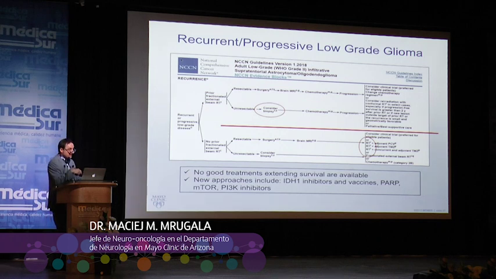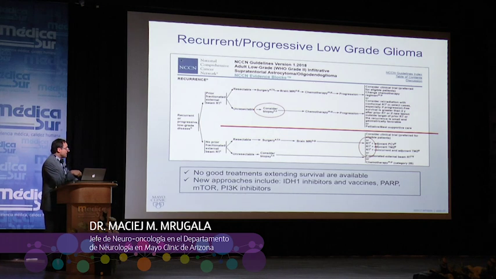Is it now grade 3? Is it now grade 4? It can also sometimes be deduced from imaging, but surgical resection or biopsy is frequently recommended. And then depending on what you find, you typically choose a chemotherapy option. You can sometimes consider a second course of radiation if the patient can tolerate it.